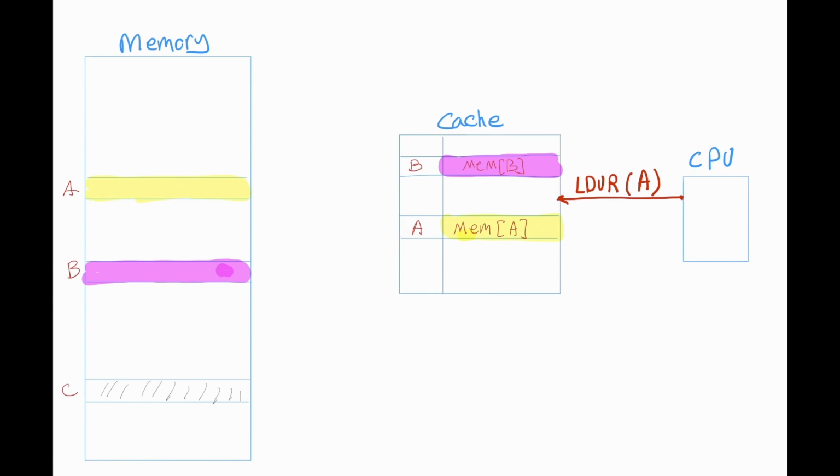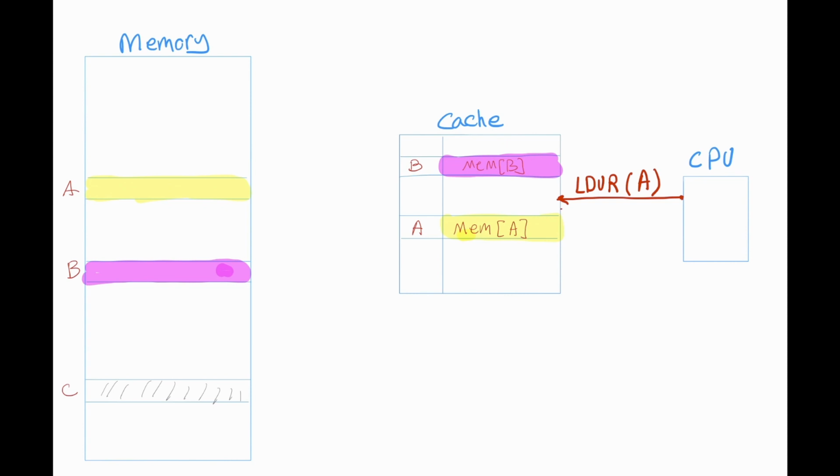Okay, so let's go back to our scenario. CPU has asked to do a load of address A. We come to the cache. We have to be able to ask cache whether the data that we want, address A, is present there or not. Two things can happen here. Maybe what we want is present in the cache, which is the case here.